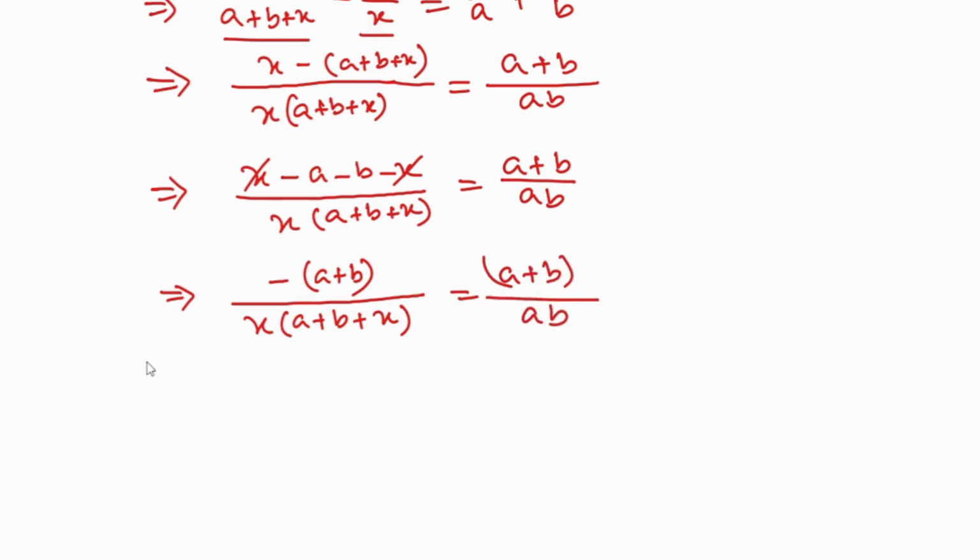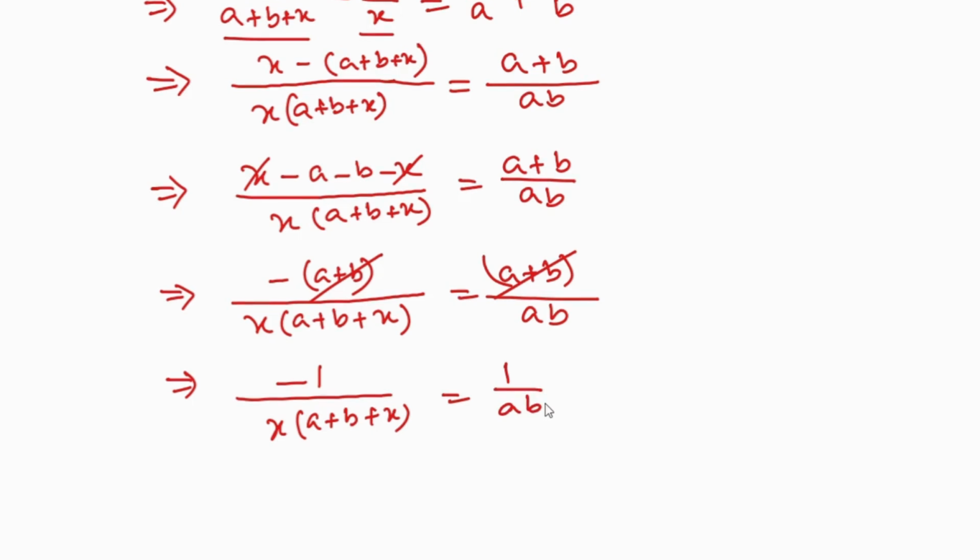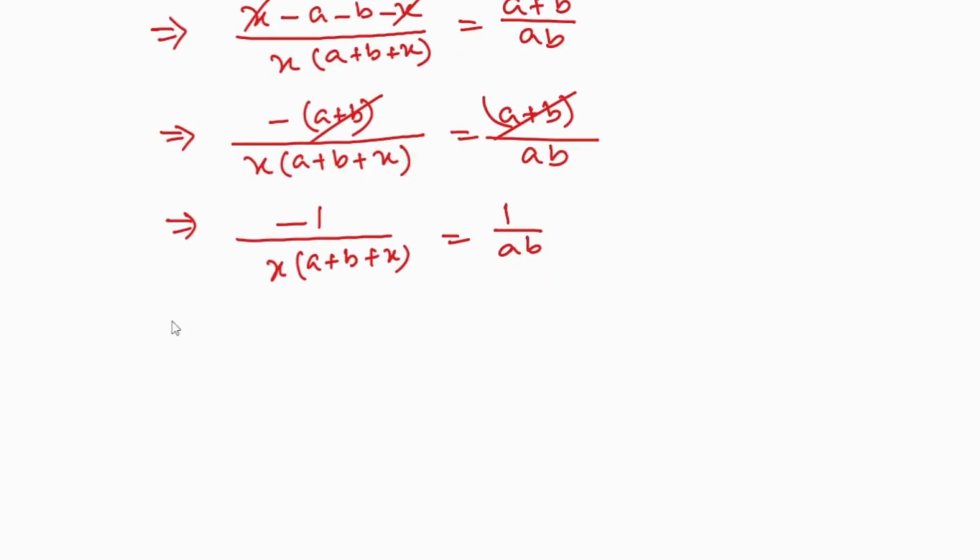We can see that on the left hand side and right hand side the numerators are the same, so we can cancel them out. a+b and a+b cancel out. So what we get? -1 divided by x(a+b+x) equals 1/ab.